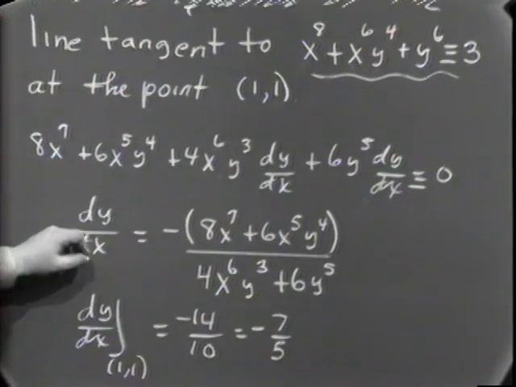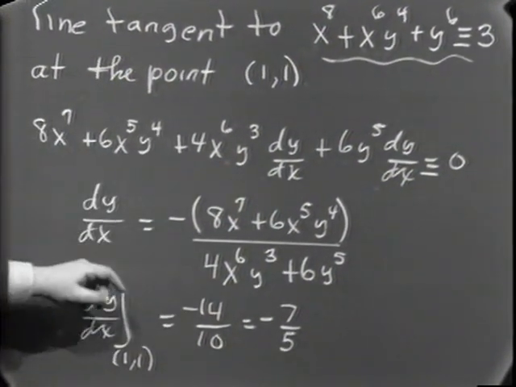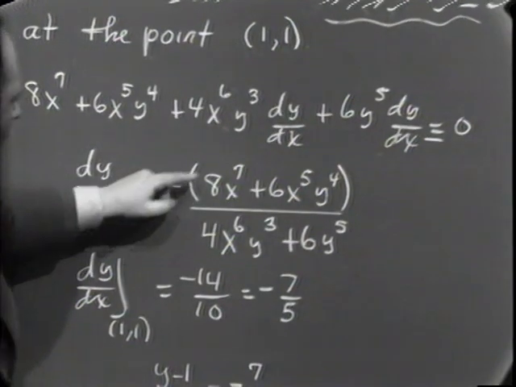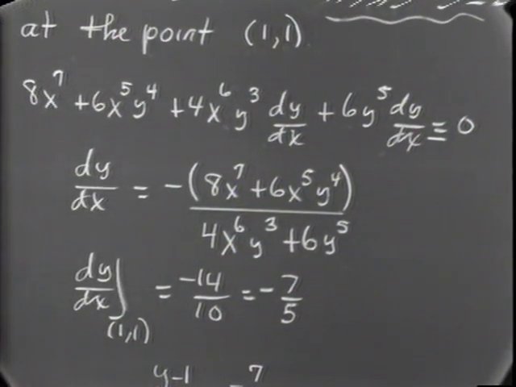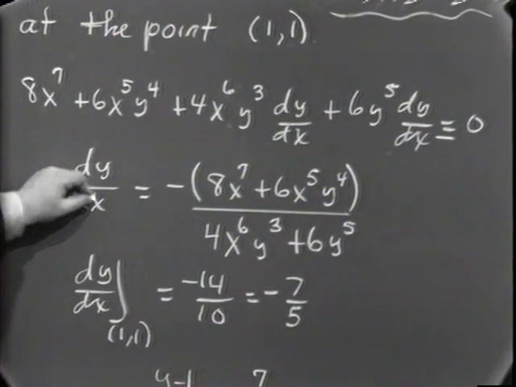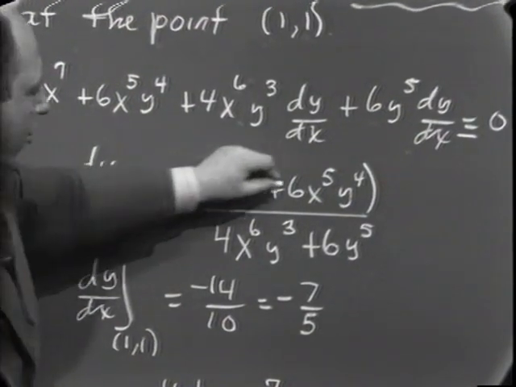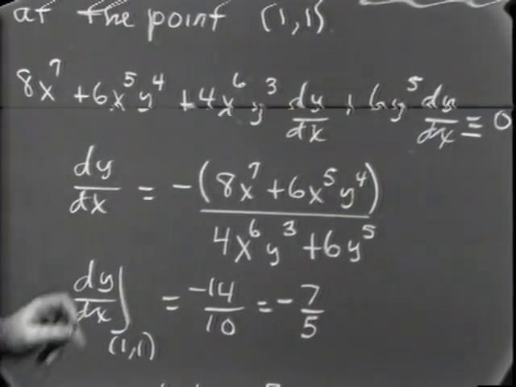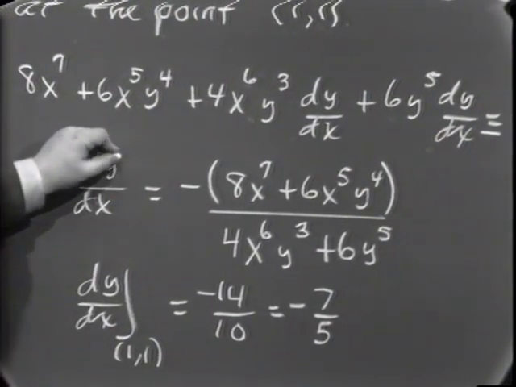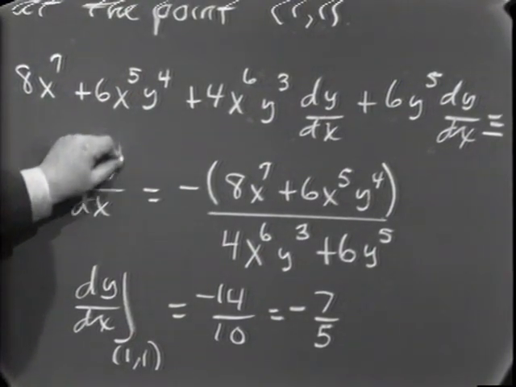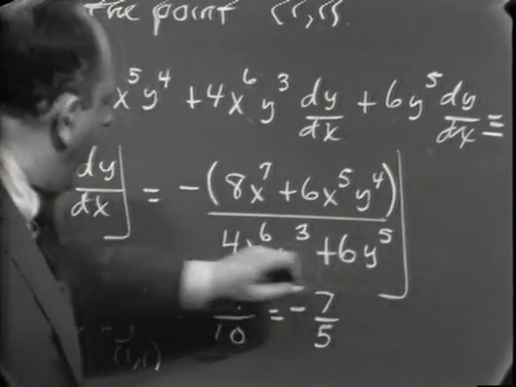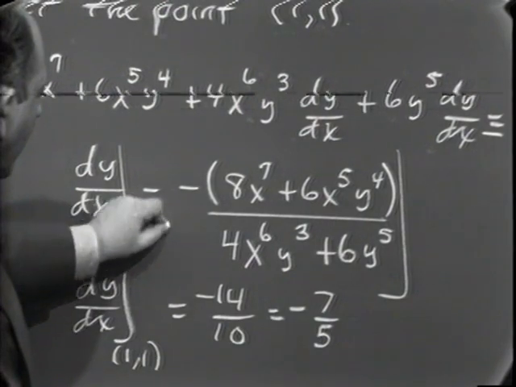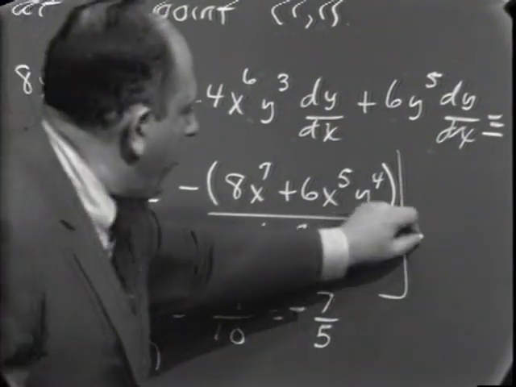And if we now solve this for dy/dx just by transposing, we wind up again with a rather messy expression, but which does show what dy/dx looks like in terms of x and y. We were interested in knowing what the slope was, not for any old value of x and y, but rather for what? When x is 1 and y is 1.